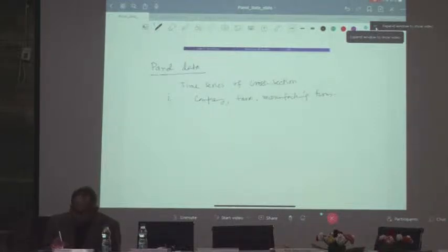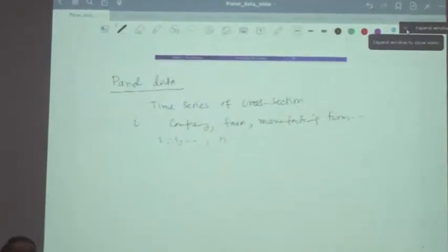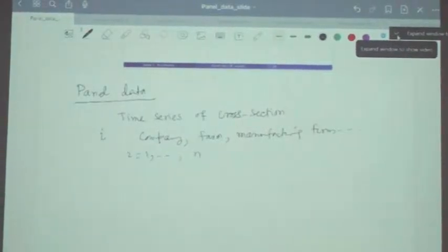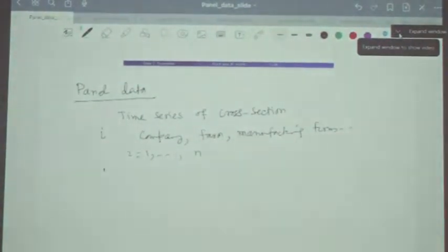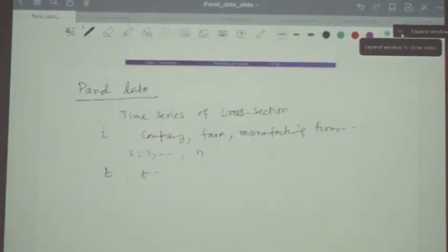And then again, this will go from, let's say, i equal to 1 to n. So there are individuals, like farms or companies, at a particular point of time. And then again, we have another subscript t for time. So let's say t is going from 1 to 80. Okay, so these are the time series aspect of it.